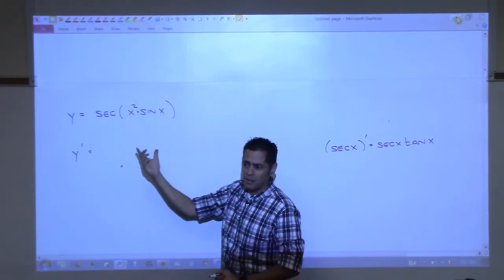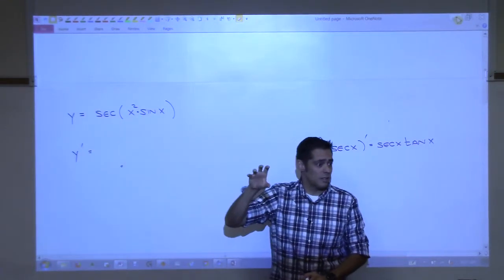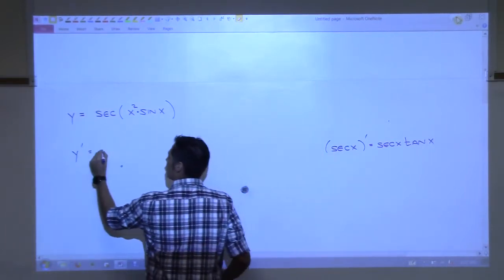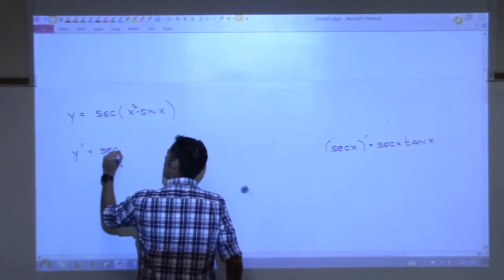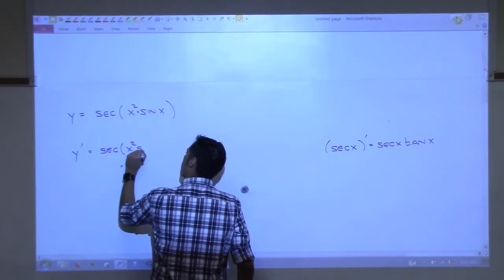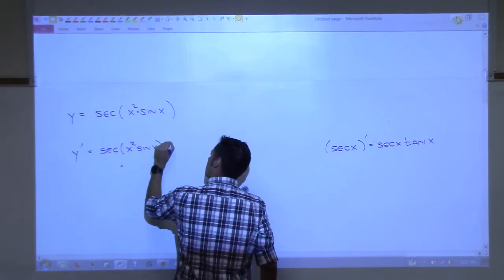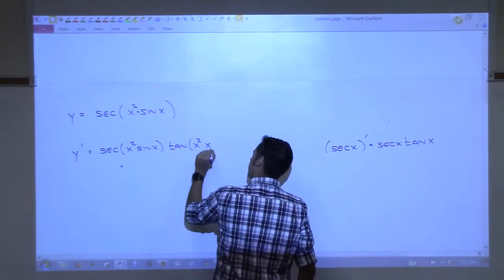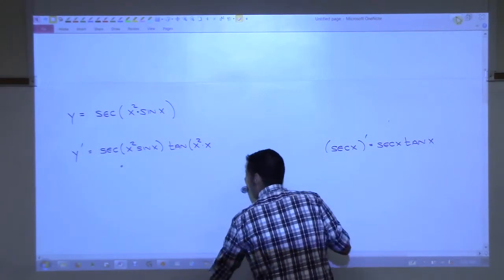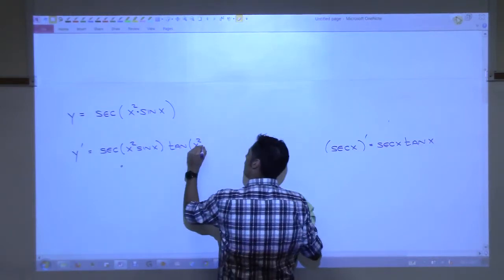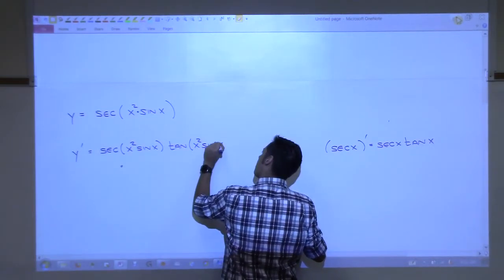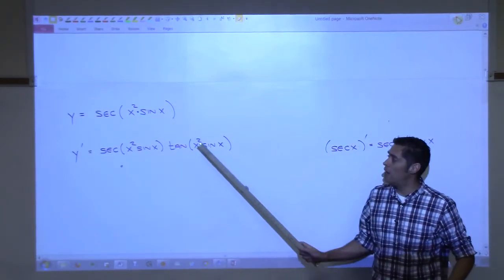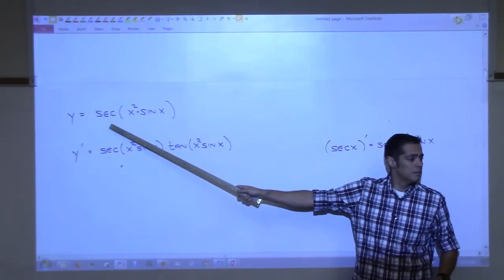So the derivative of this is going to be secant of that junk, tangent of that junk. So it's going to look weird, but that's what it's going to be. Secant of all of that junk in there times tangent of all of that junk in there. So do y'all see that that is just the derivative of the outer secant part?